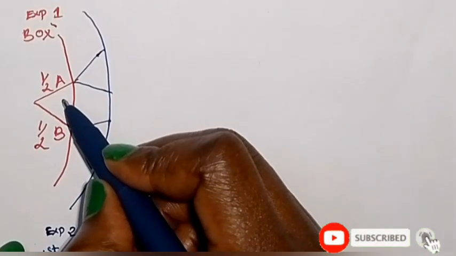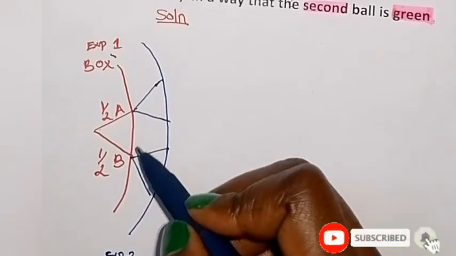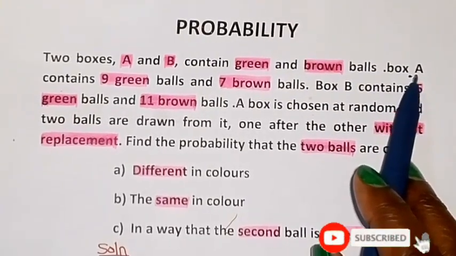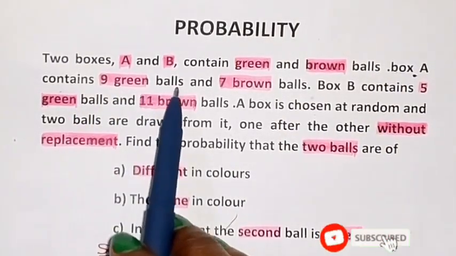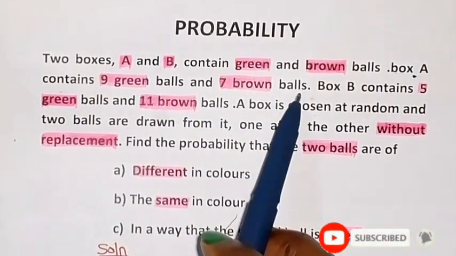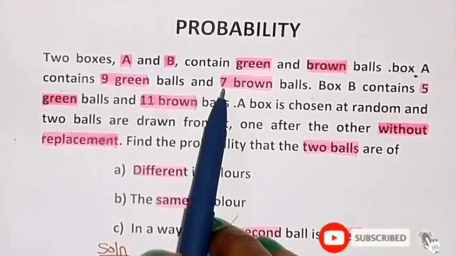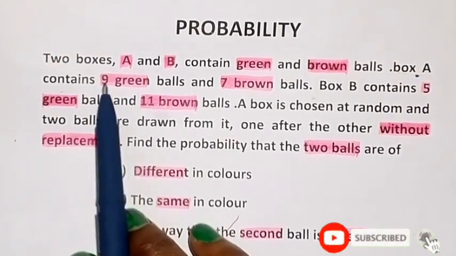Suppose we choose box A, and we are told that in box A we have 9 green balls and 7 brown balls. Total possibility is 9 plus 7, that is 16, and in favor of green balls is 9.